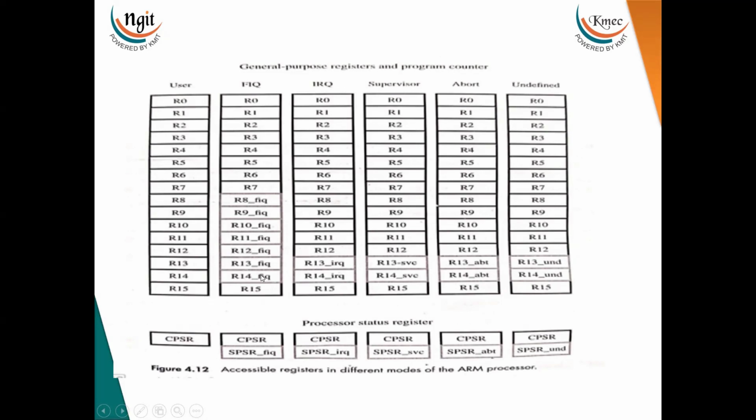If the FIQ interrupt occurs a second time, it can't store the already present ISR PC value onto R14. It is replacing it.